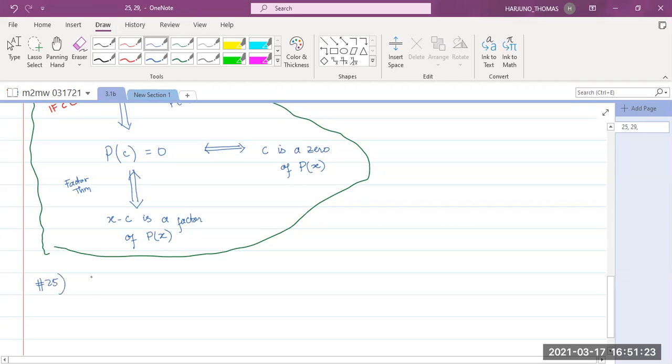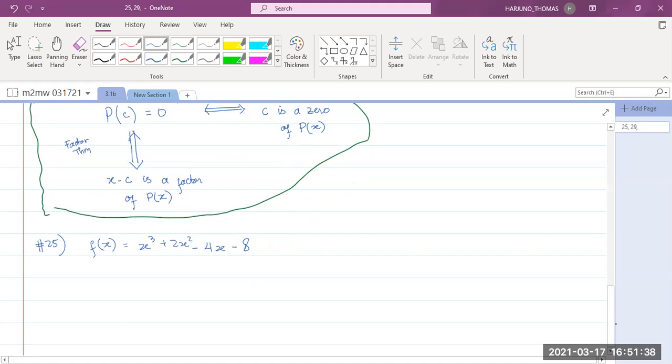Number 25, we have f(x) equals x cubed plus 2x squared minus 4x minus 8. This one we can solve by factoring, right? We can solve by factoring, but our question, just like before, expects further. They want us to do the sign graph so that we know at which interval the function is above and below the x-axis.